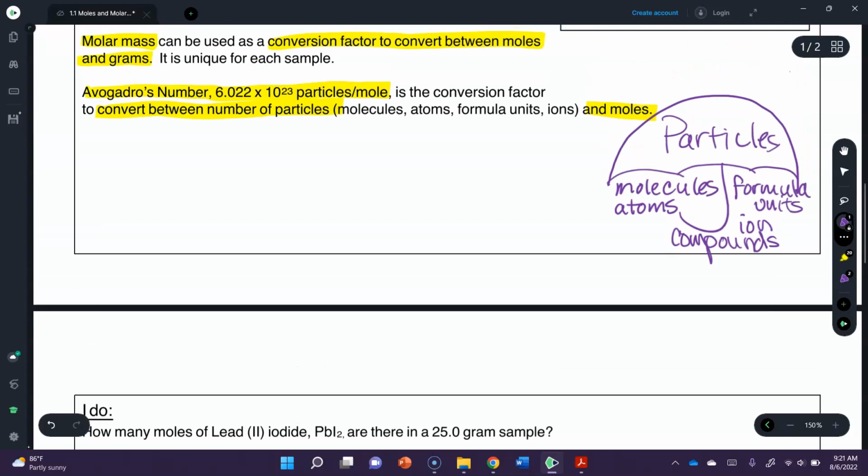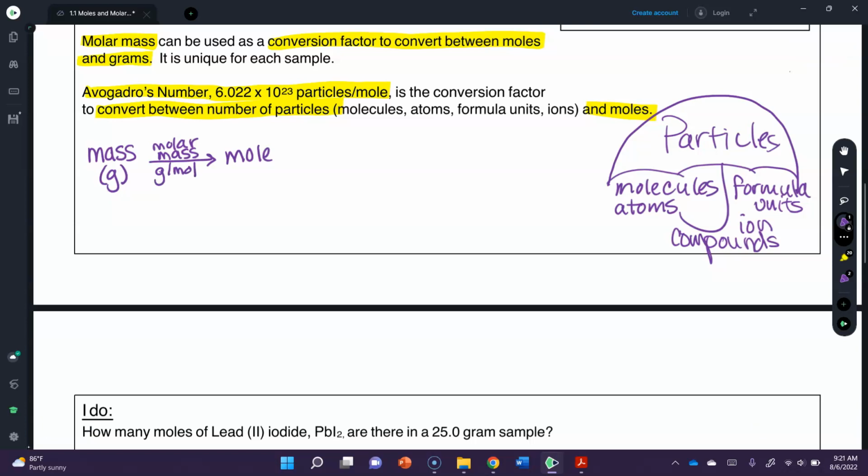And then we can also, from here, combine these two conversion factors. And we did this in your first year chemistry, where if we have mass, and that's measured in grams, we can convert that into moles, and from above, we see we can use the molar mass for that. And remember that the molar mass has units of grams per 1 mole, so we use dimensional analysis to make sure those units cancel out, and we'll go over that in the practice problems that follow.